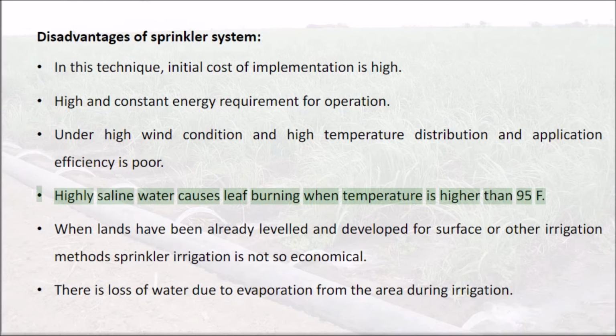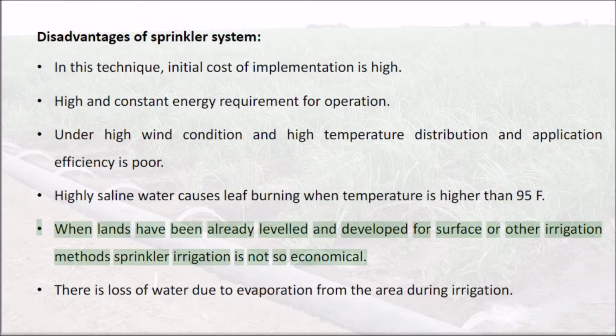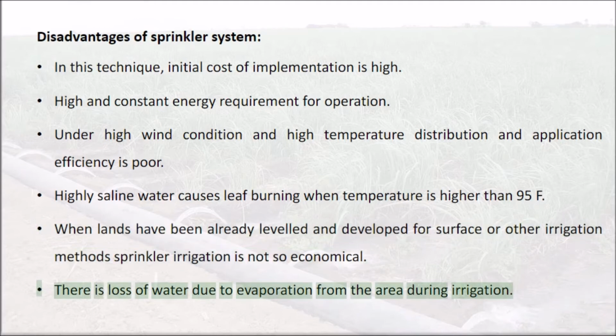Highly saline water causes leaf burning when the temperature is higher than 95 F. When lands have already been leveled and developed for surface or other irrigation methods, sprinkler irrigation is not so economical. There is loss of water due to evaporation from the area during irrigation.